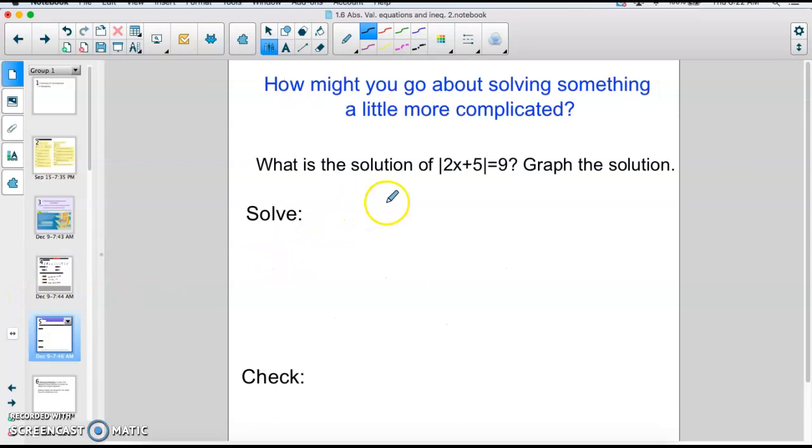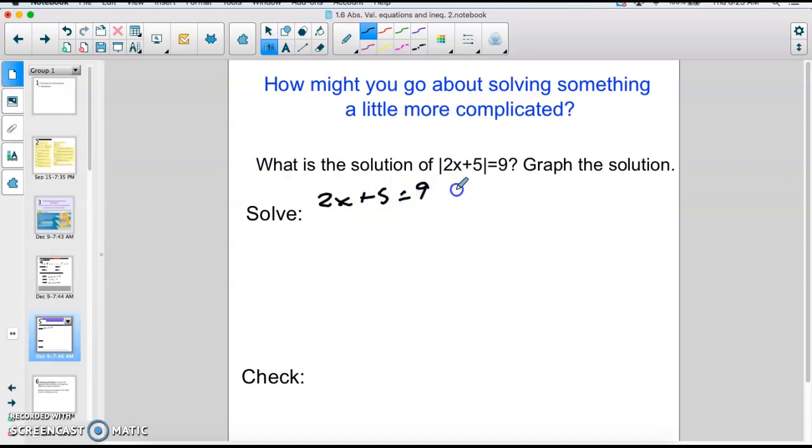The next one here. We're going to move on to solving something a little bit more complicated. What's the solution of absolute value 2x plus 5 equals 9? We're going to graph the solution after we get done. So first off, what we need to remember is how we solve these things: we're going to drop the absolute value signs. So we're going to do 2x plus 5 equals 9.